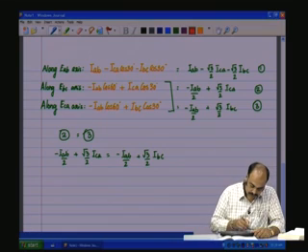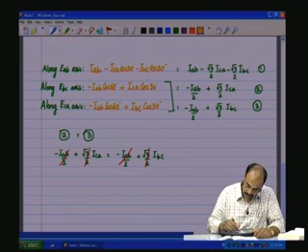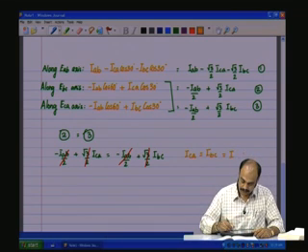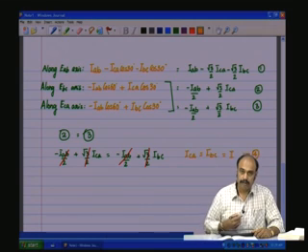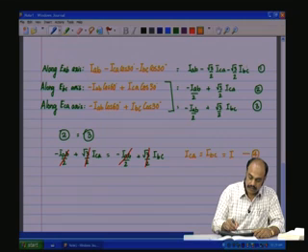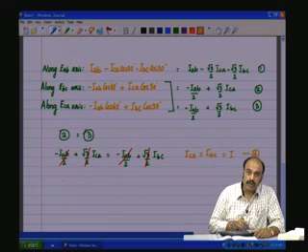Removing the common terms, we have the result that ICA should be equal to IBC, and we will say that is equal to some value I. This is number 4. Now, let us substitute I for IBC and ICA in 1 and then solve for IAB.